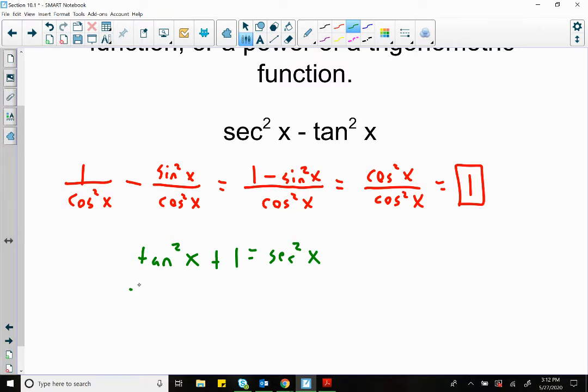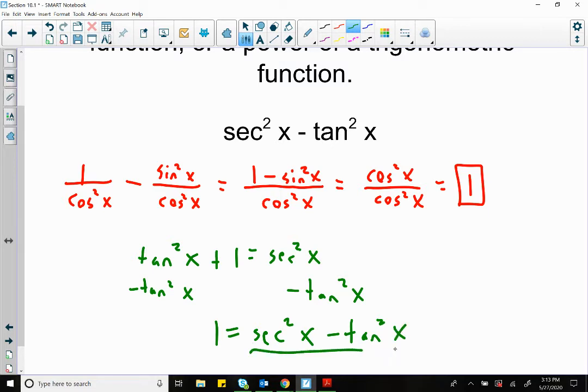So if I subtract tangent squared x from both sides, you find out that 1 is equal to secant squared x minus tangent squared x. Oh, look. This matches that. So I can replace it with the answer of 1. You could use Pythagorean identities on this one. You didn't have to use sines and cosines at all.